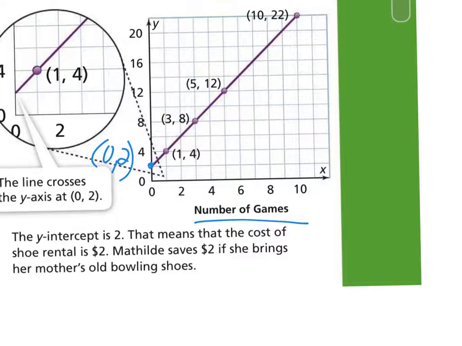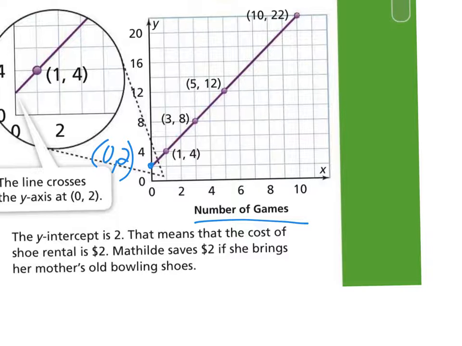So 0 games cost $2. That doesn't seem like it makes any sense. We didn't even play and it cost $2. Well, that's that y-intercept that we'll talk about, and that's then the cost of the bowling shoes.